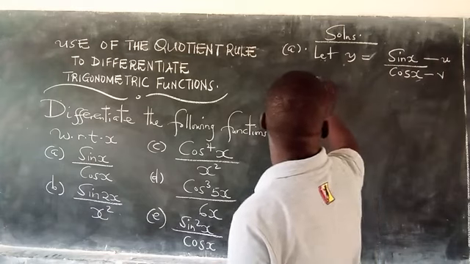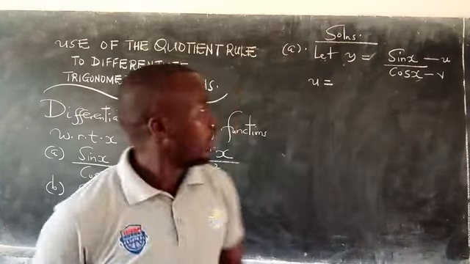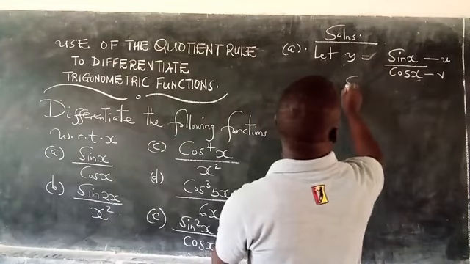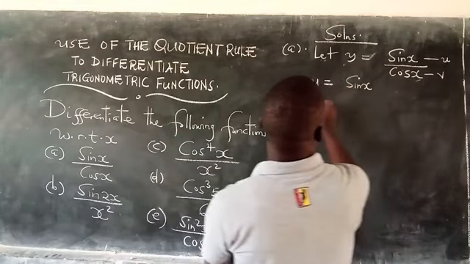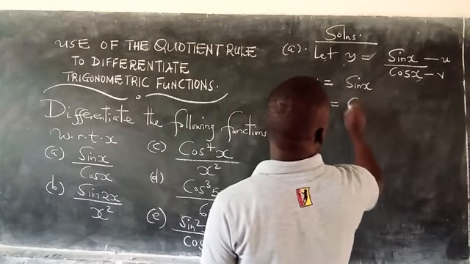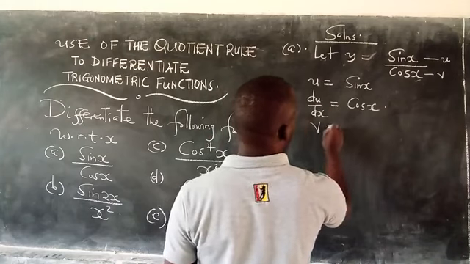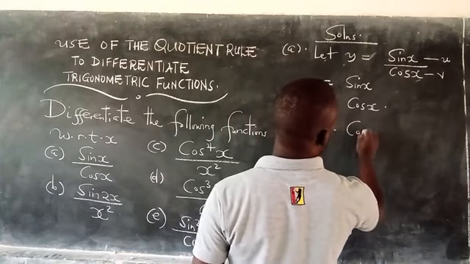And so like we did in the previous lesson, we shall now say u is sine x. We differentiate that so that we get du dx. The du dx automatically becomes cos of x. We also get v, which is cos of x.